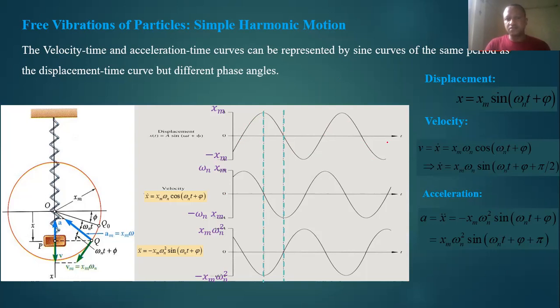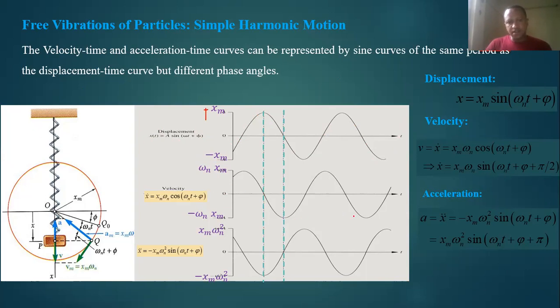What we are discussing here is analysis in the time frame, not in the frequency frame. So displacement, xm means the maximum value of the displacement, positive and negative maximum values.